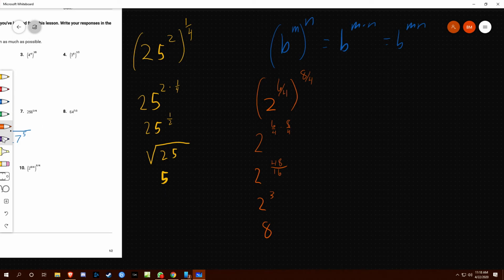I'm still going to do 7 here, just because I want another example with that root. So we have 256 to the 3/4 power. The first thing I'm going to do is, I have a denominator in a fractional exponent, so I'm going to take that denominator and it becomes the index of my root.